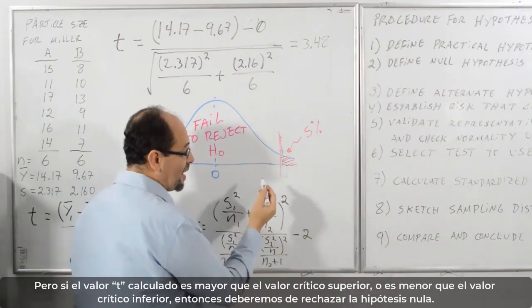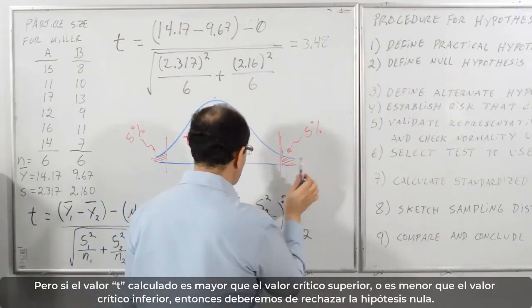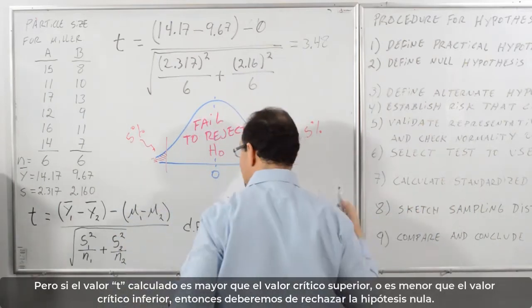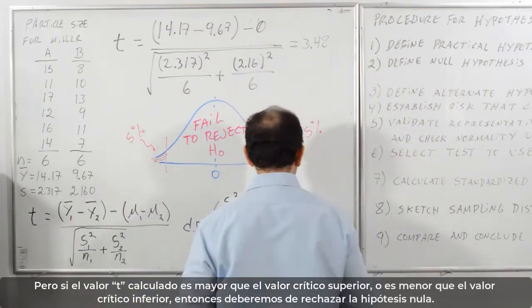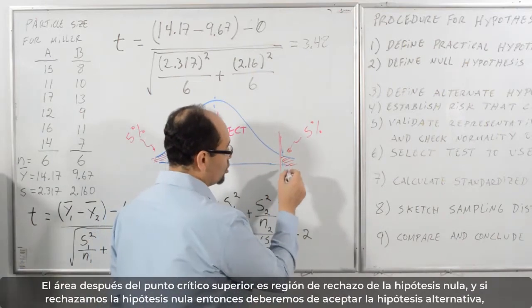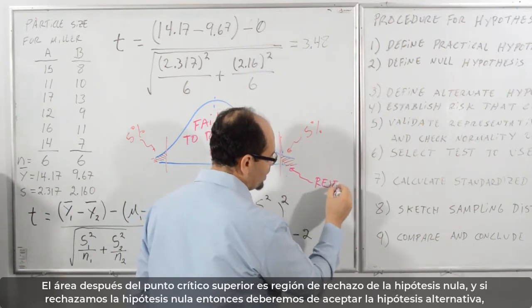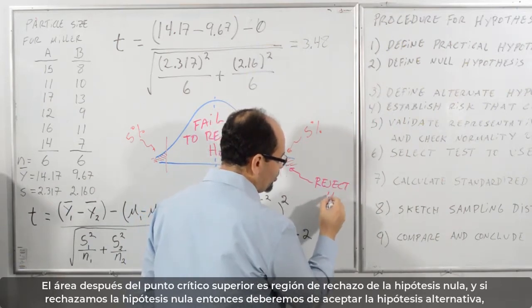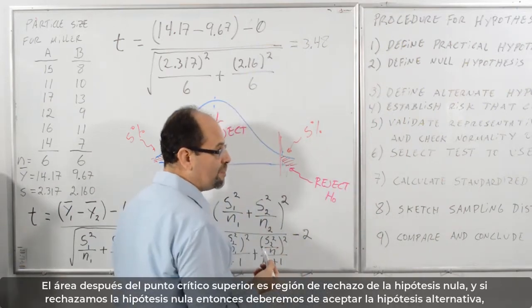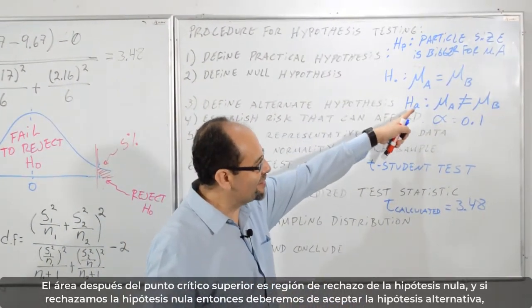But if the value calculated is greater than this value, or smaller than this value, then I have to reject the null hypothesis, and if I reject the null hypothesis, then I will accept the alternate hypothesis.